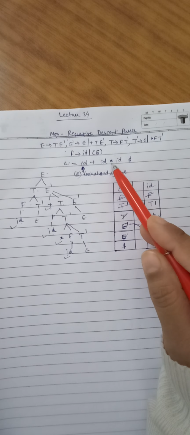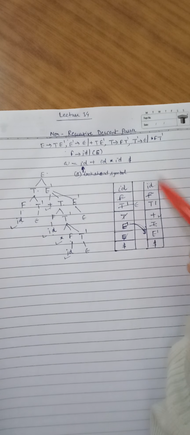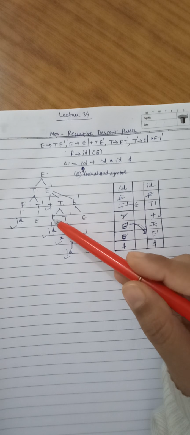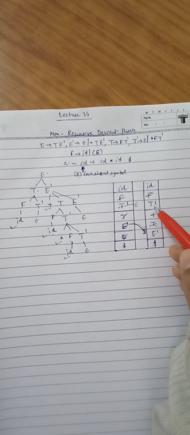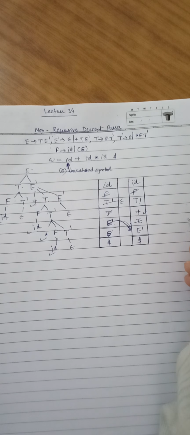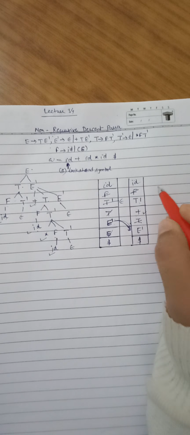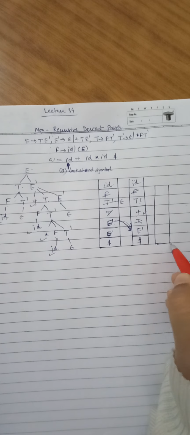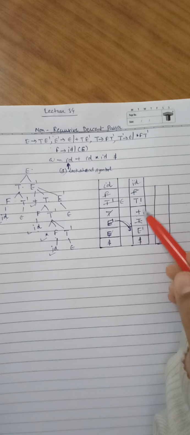Now what is the requirement? Requirement of multiplication. So what is left? This is over. T' is left, so for T' we are going to take another production, so we are going to make another stack here. T'.